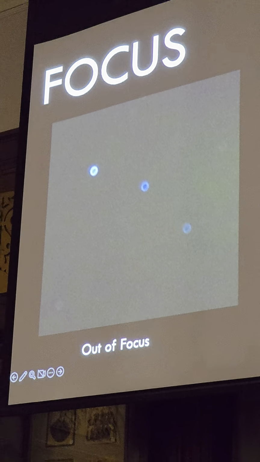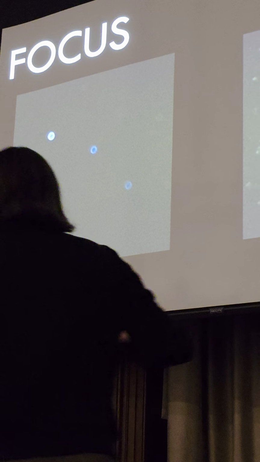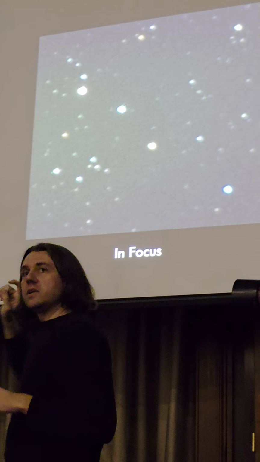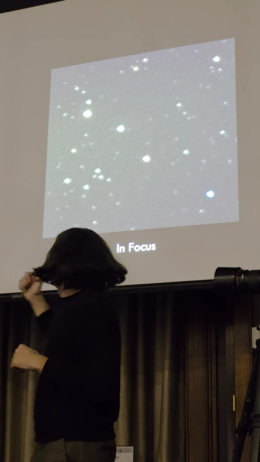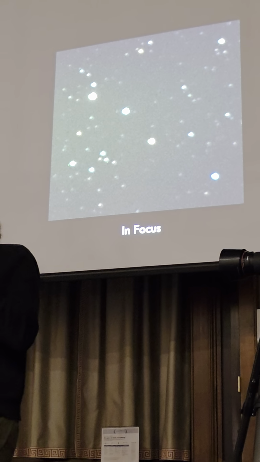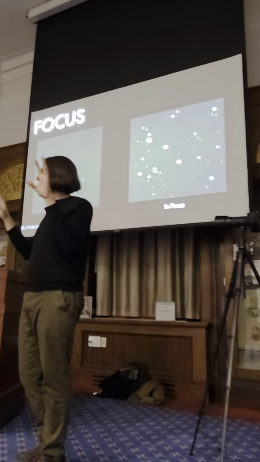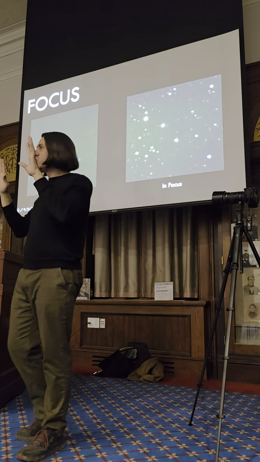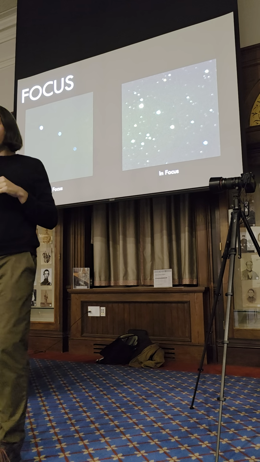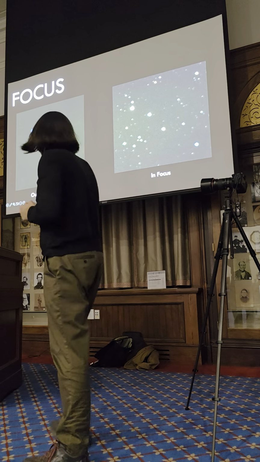There's a bright ring around a dark center. That's not in focus yet. When you actually reach focus, the bright stars will just be bright like this. It'll be this really satisfying moment. You'll find focus, and all of a sudden, all these tiny little stars will snap into view. You won't see them at all, and then when you find focus, you'll see all these little stars pop in.